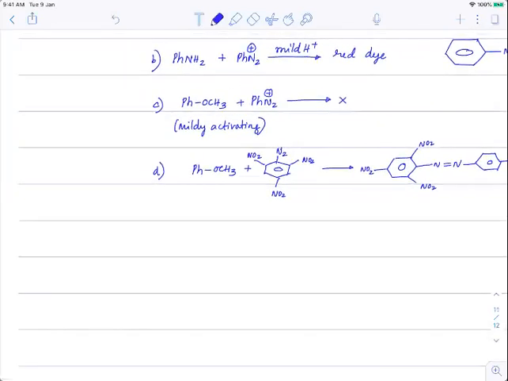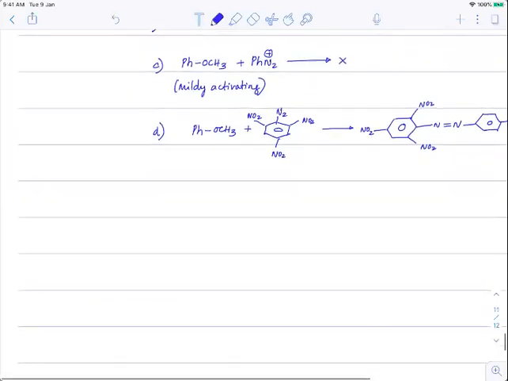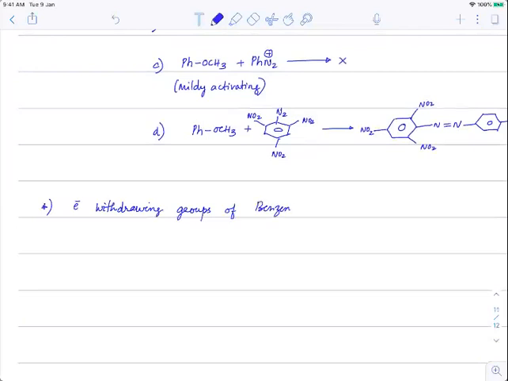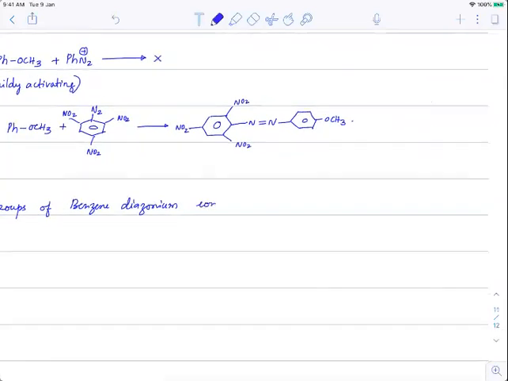So we can say one important point here, that electron withdrawing groups on the benzene of the diazonium ion increase its reactivity.